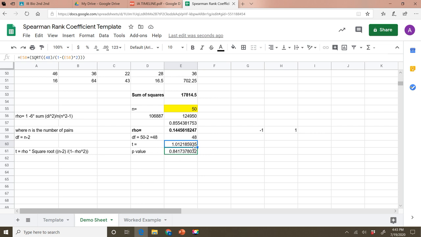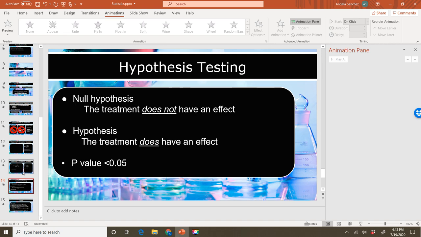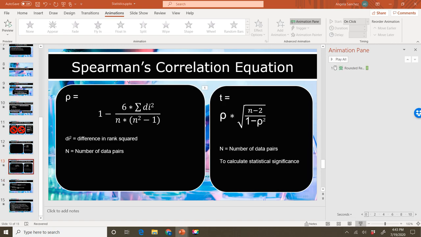And so from that, I get a t-statistic of 1.01. And what I now do is I use my t-statistic and I run it through something called the t-distribution to calculate my p-value. So let's talk a minute about p-values and hypothesis testing.